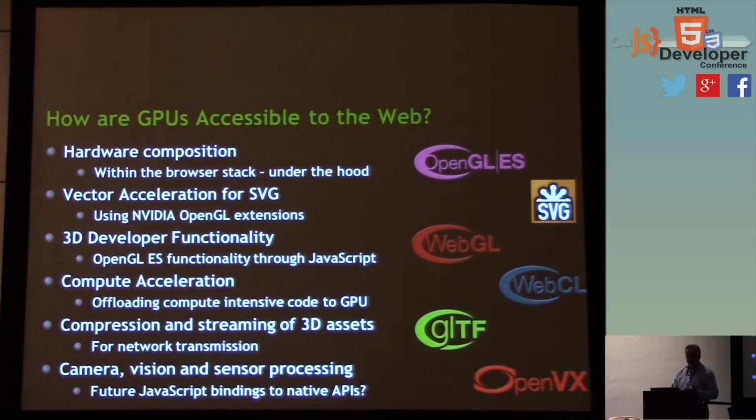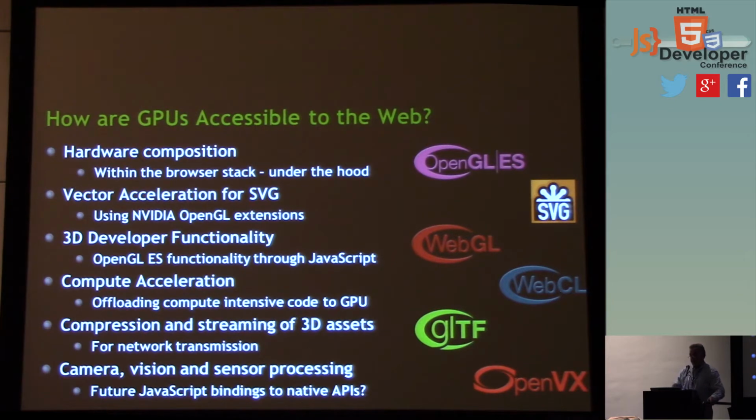So that's capability that isn't directly exposed to developers, but hopefully you're noticing over time that the browser is becoming much more responsive because we're offloading the CPU more and more and loading work onto the GPU. On a mobile platform, that means the browser vendors are typically using a native API like OpenGL ES.